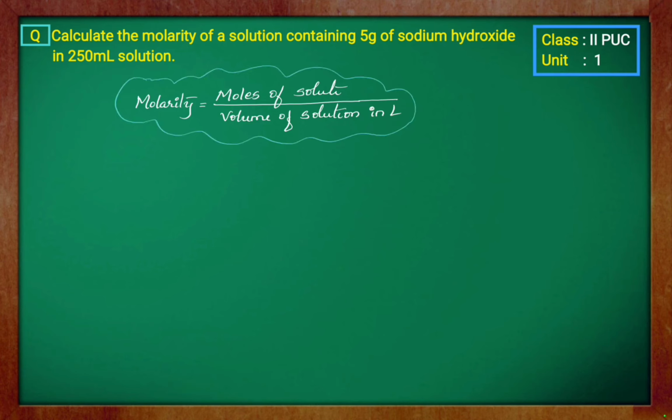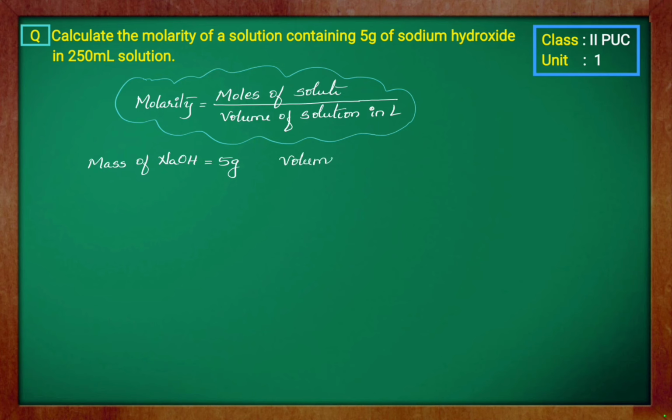Let us write what are the things that are given in the question. They have given us mass of NaOH as 5 gram. Also we have 250 ml solution.